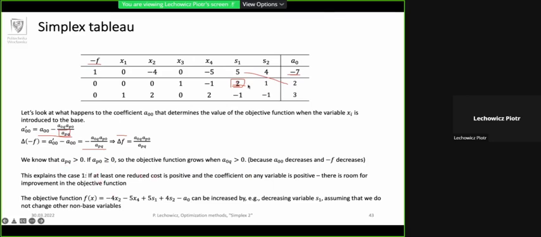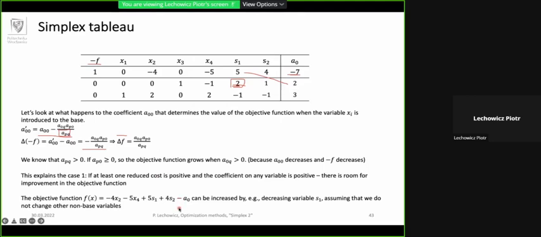So if at least one reduced cost is positive and the coefficient for some variable is positive, so for example, for this variable is positive, there is room to improve the objective function. So we have the objective function expressed in such a form. This is our objective function. So we are moving -f to the right-hand side, and a0 we are moving to the left-hand side. So here, that's why we have -a0.